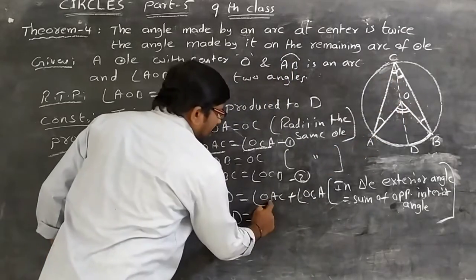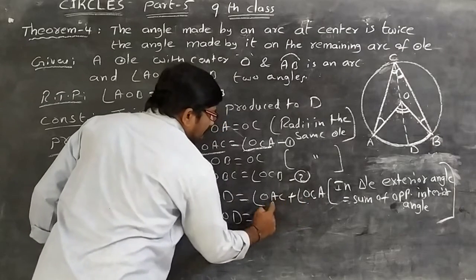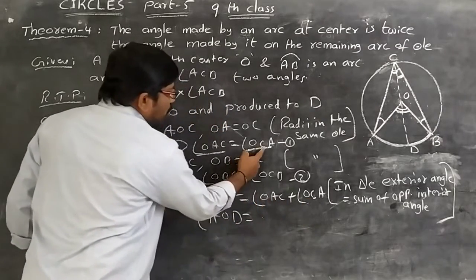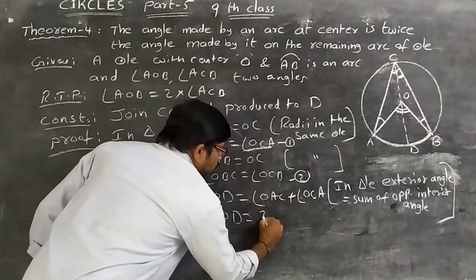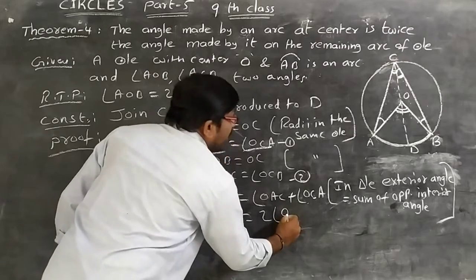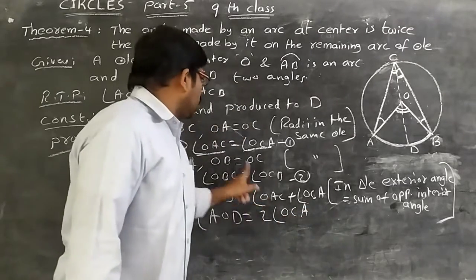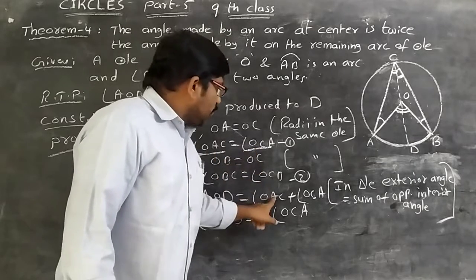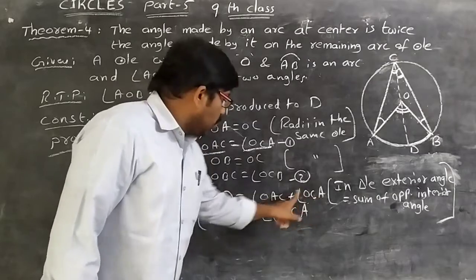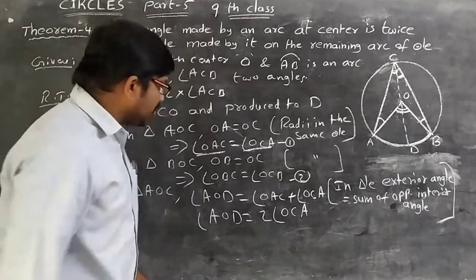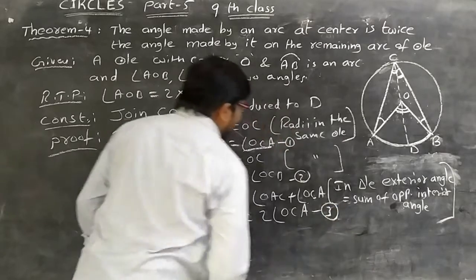Both are equal, so it can be written as 2 times angle OCA. Instead of OAC, you write OCA, so OCA plus OCA is 2 OCA, right? So this is equation 3.